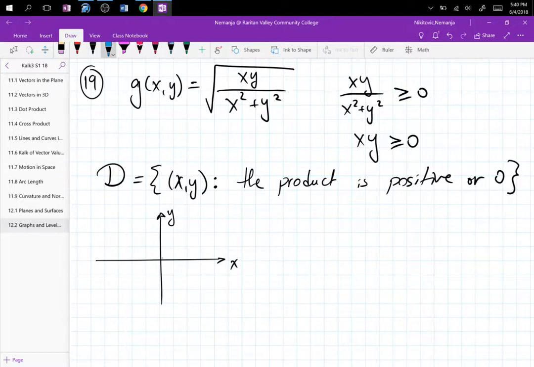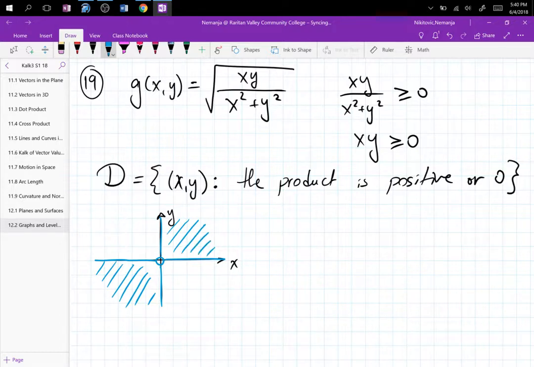So we are going to exclude the origin, but we are going to include the axes, and we are going to shade this part and this part. So if the product is positive or 0, but not both 0, because of the denominator, yes, you're right.